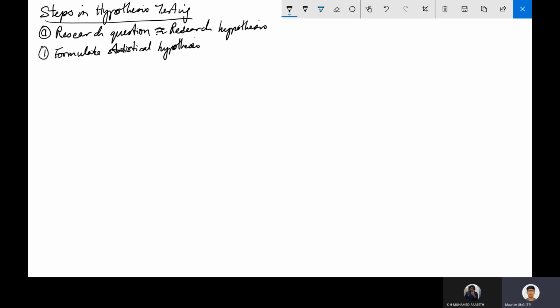Statistical hypotheses are always in pairs. You have a null and alternate hypothesis. This is very important. You have your null hypothesis, sometimes we define it as H0, and your alternate hypothesis. Some books will write it as H1, some books will write it as HA. Both are acceptable.